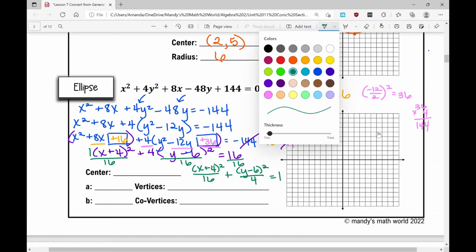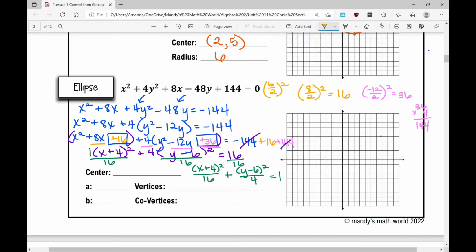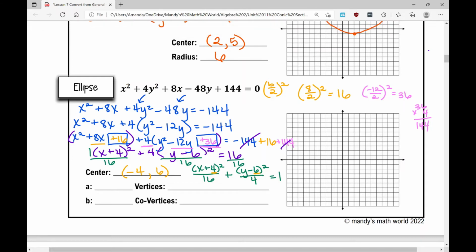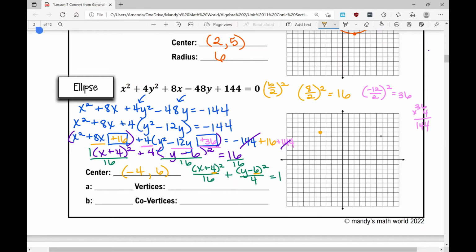So the center point for this ellipse is going to be at negative 4, positive 6. Right? I see that right here and right here. And I'm taking the opposite because of how the equation affects those numbers. So negative 4, positive 6. 1, 2, 3, 4. Up 1, 2, 3, 4, 5, 6. There's the center point for this ellipse.